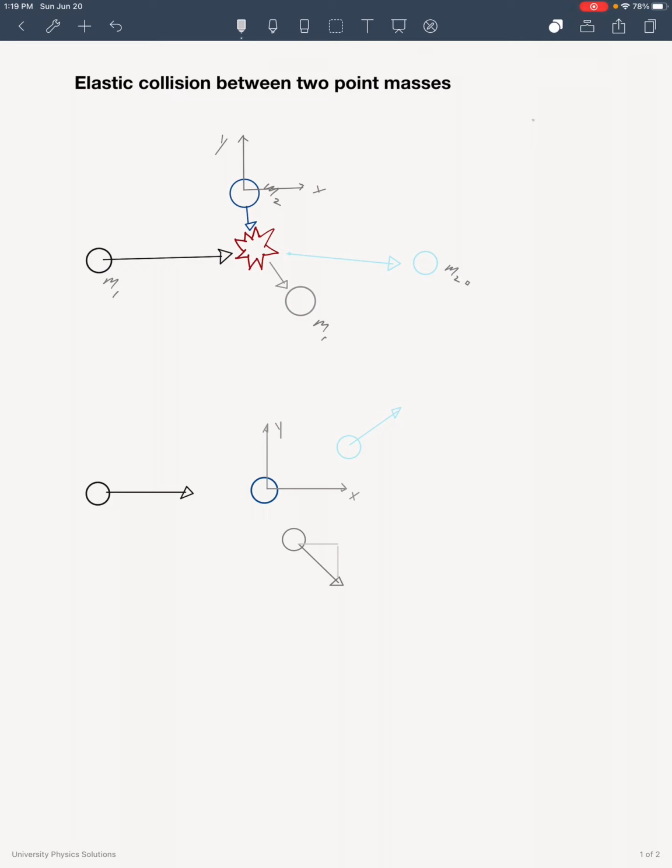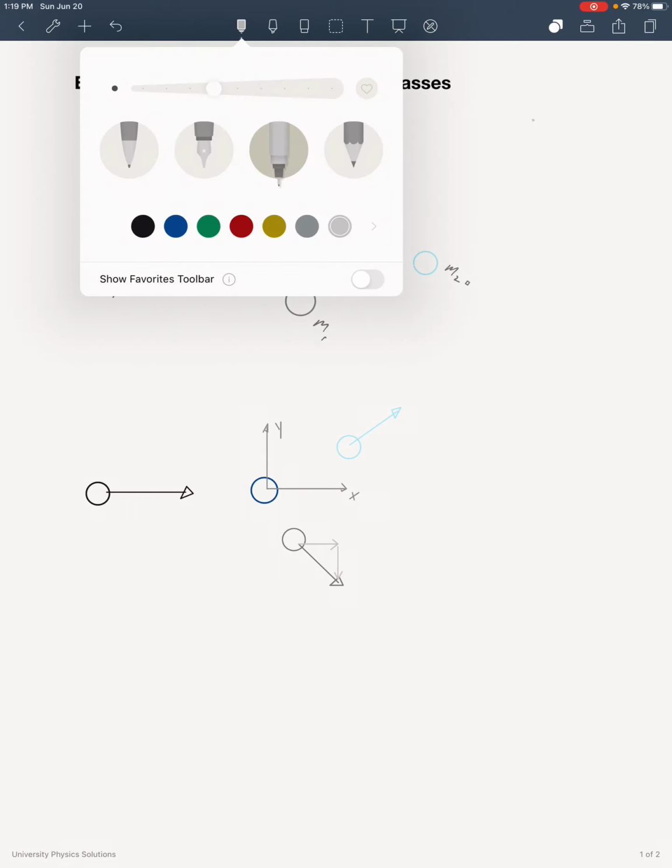In this case, it will be in the negative Y direction. And M1 will have something similar.